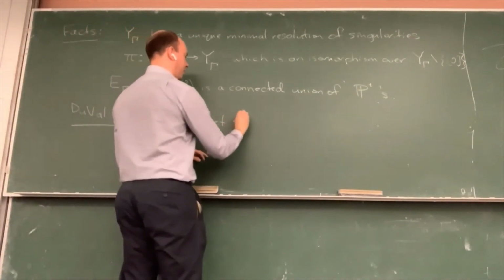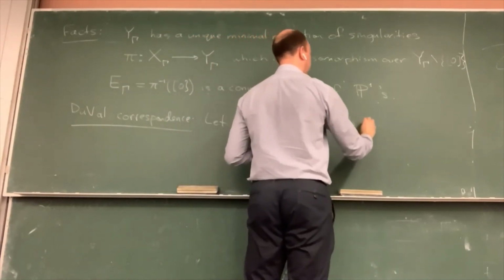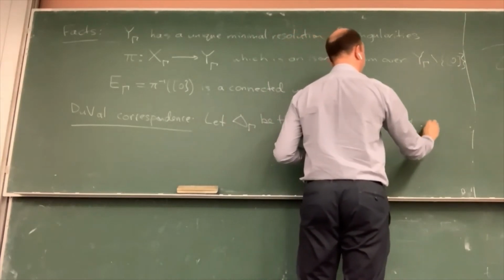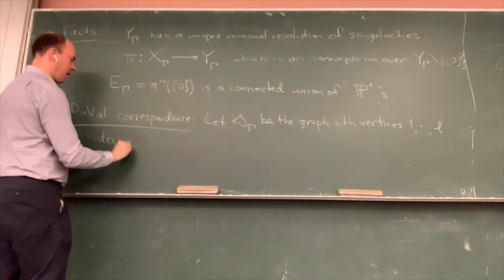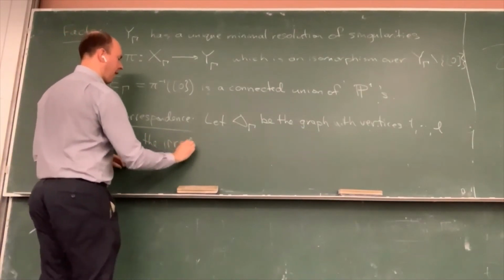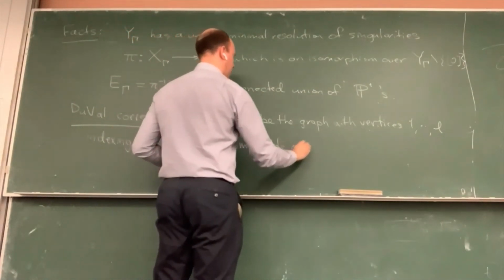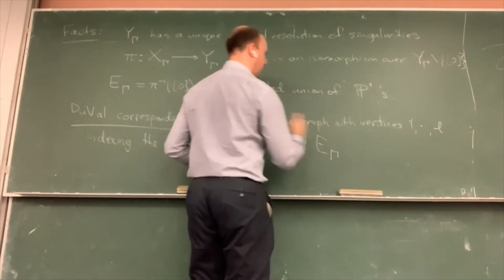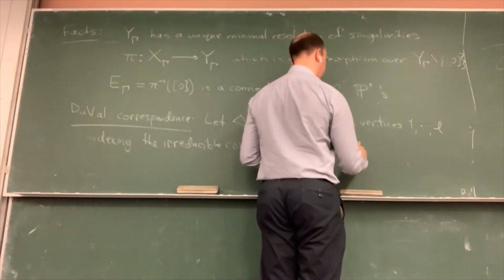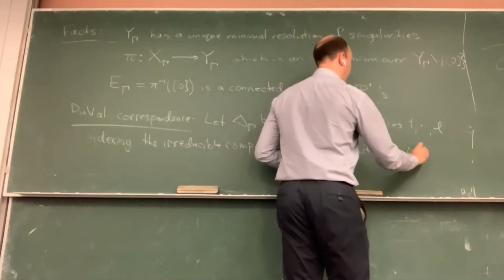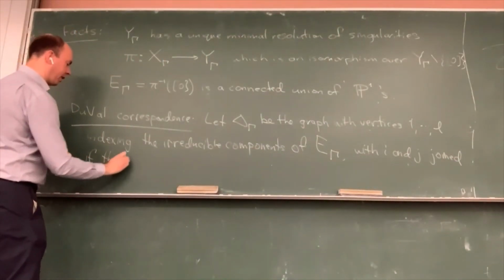So if you let delta gamma be the graph with vertices 1 up to L, where these are indexes for the irreducible components of E gamma, so these various projective lines, and you join vertices i and j if the corresponding irreducible components intersect.